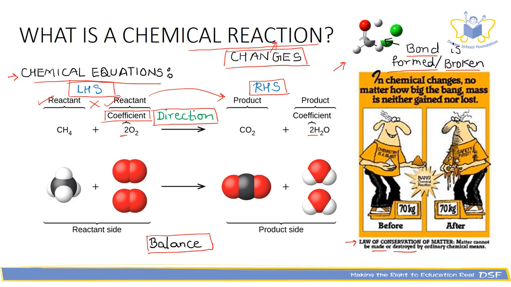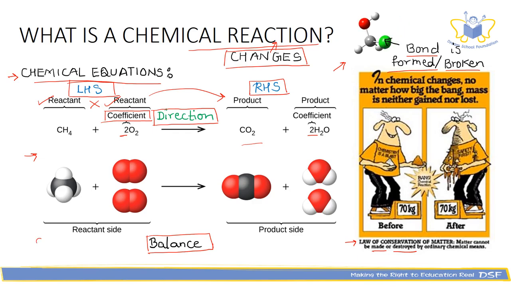So let us see if it is seen here too. Here you can see a particular chemical reaction where methane and oxygen react with each other to give you carbon dioxide and water. Let us see on the right hand side what the different types of atoms are.